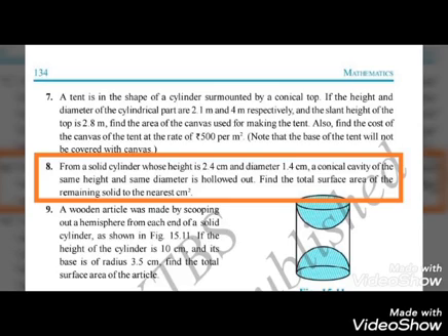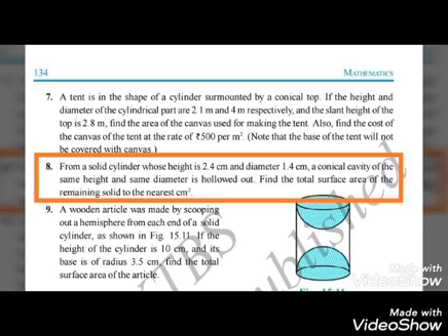It should not be a decimal, it should be a whole value. It may be a lesser value or a greater value, whatever it is. Clearly, the cylinder is there, the cone is there. When the cone part is taken out, one of the circular portions is gone. So what portions are there?